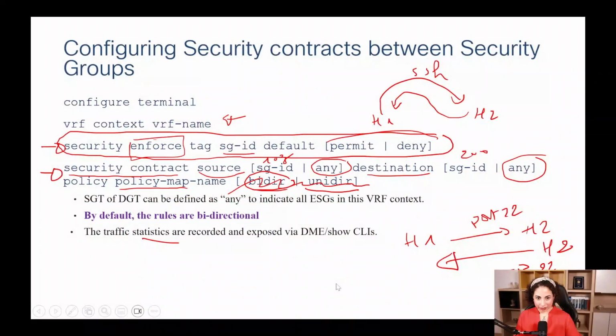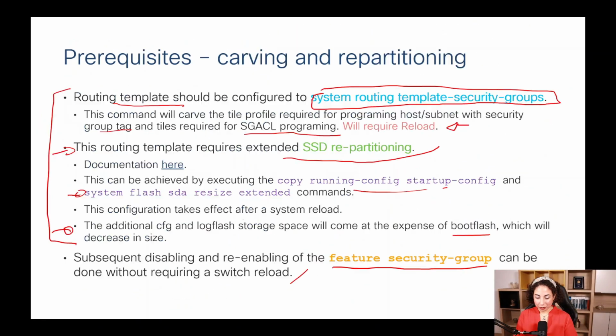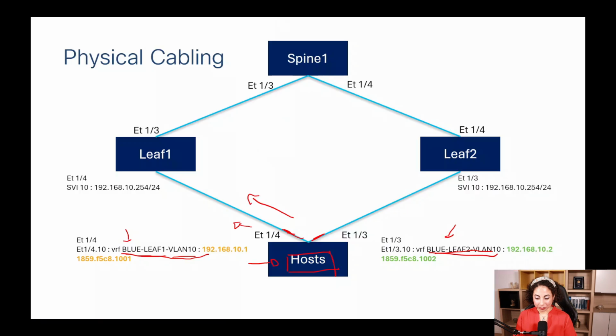So at the moment, we have created a contract to allow 100 to speak with 200 on some protocols and some ports. And at the moment, we have our host 1 that is being assigned the tag 100, but actually the host 2, for the moment, we have completely left it alone, poor host 2, because if I just take back the slides to refresh where we are, we have not configured anything yet on leaf 2.